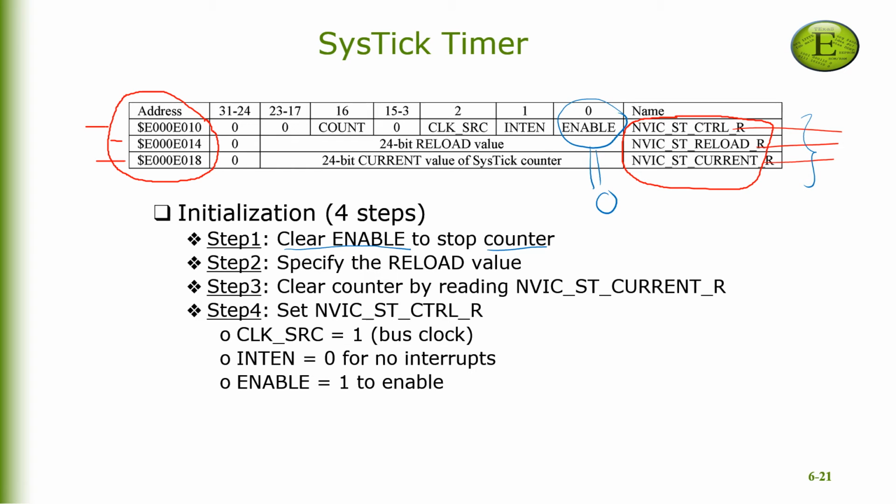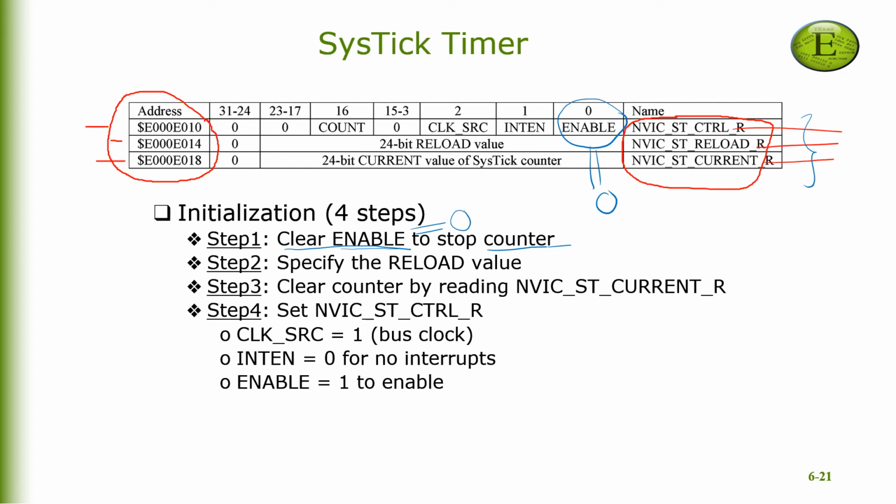That's why we want to set the enable bit to 0, because there are multiple instructions that are required to be executed in the configuration process, and if we leave the timer ticking, then it might not be properly configured. So better stop it first. Set the enable bit equal to 0.